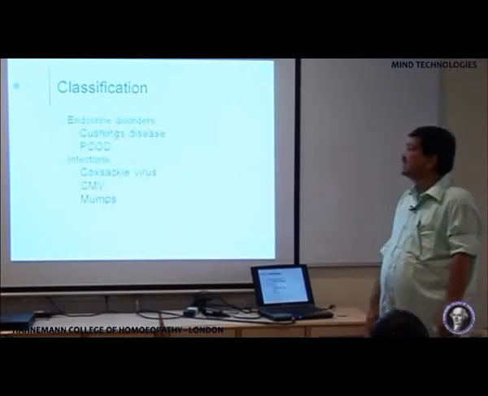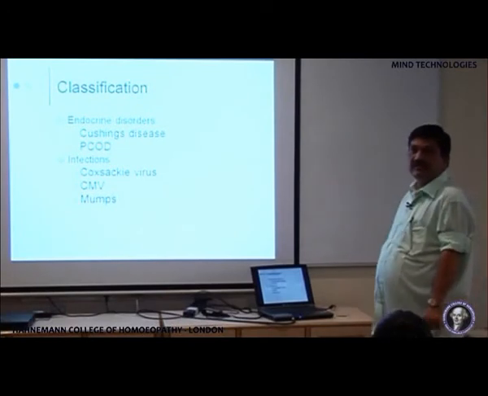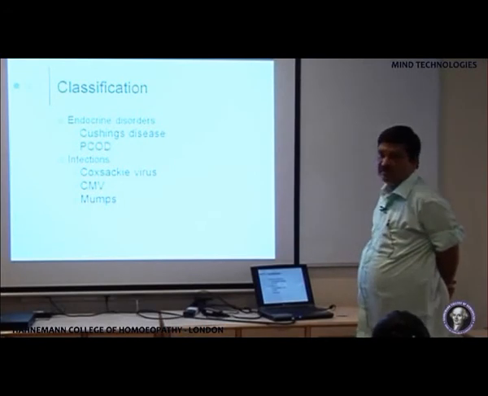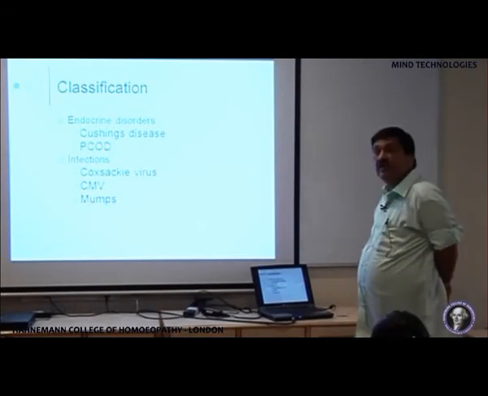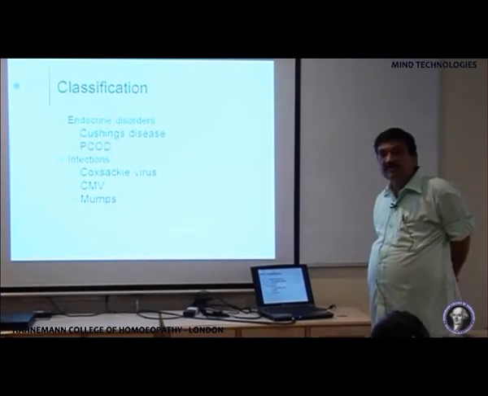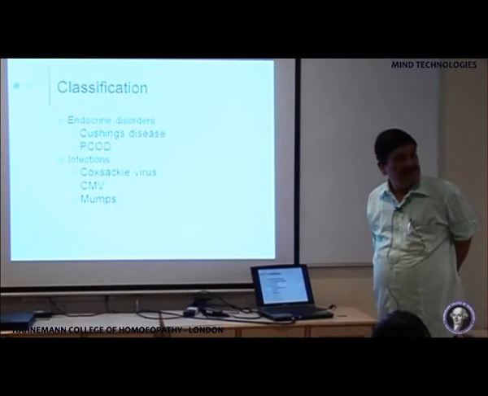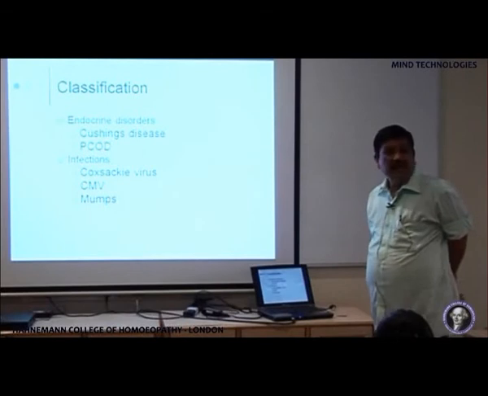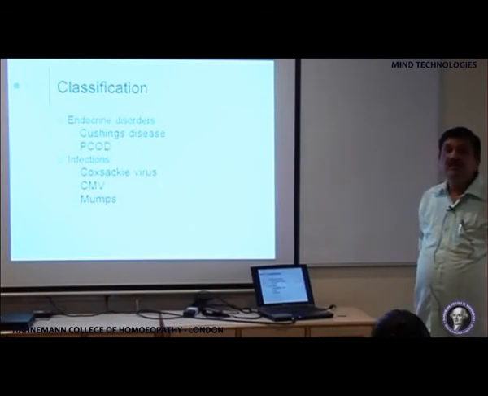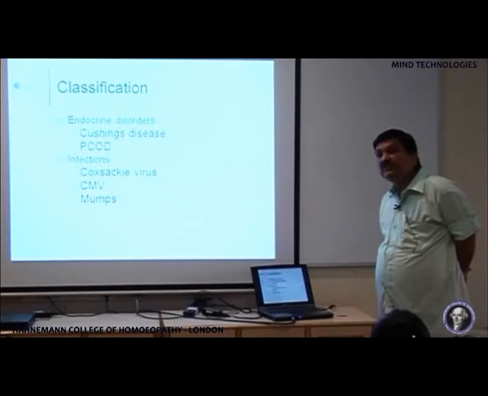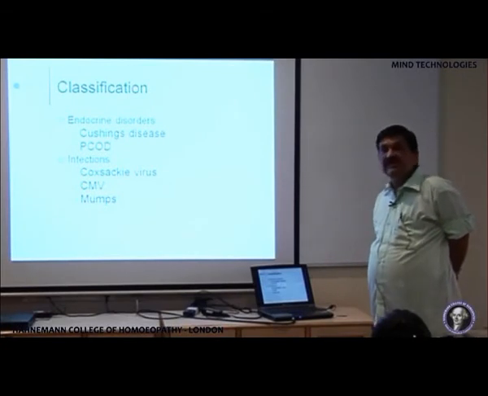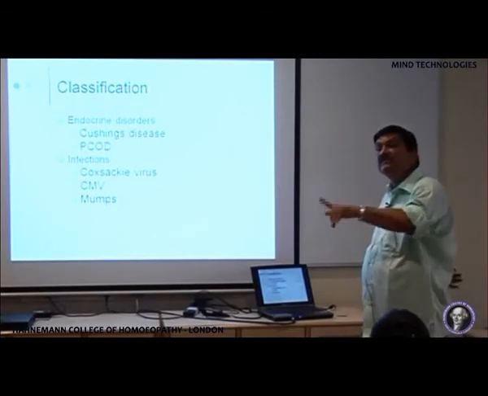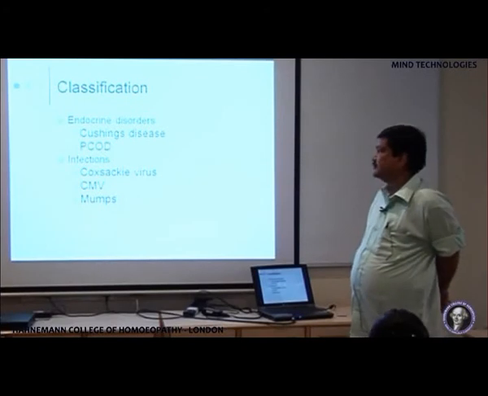Other endocrine diseases like Cushing's syndrome. Cushing's syndrome means hyperadrenalism. That can also give rise to diabetes because of increased levels of steroids. PCOD, or polycystic ovarian disease, can also cause diabetes and diabetic-like changes. In PCOD you have multiple cysts developing in the ovaries, and because of this there is no follicle formation, and that gives rise to an increase in estrogen, and this hyperestrogenism in turn causes hormonal disturbances and induces diabetes.